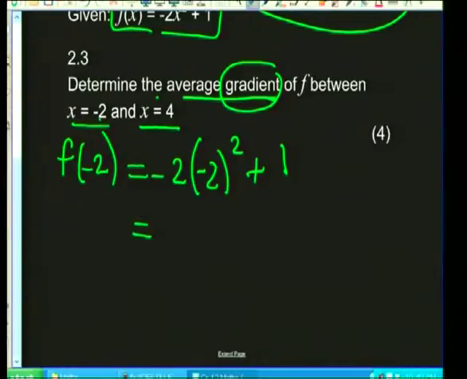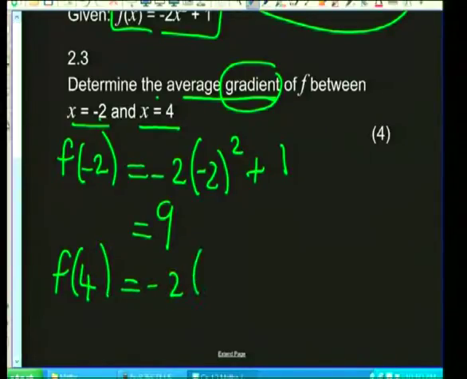We did this previously and got 9. Now we do the same for 4. This would give you 16 times negative 2, which is negative 32, plus 1, negative 31.